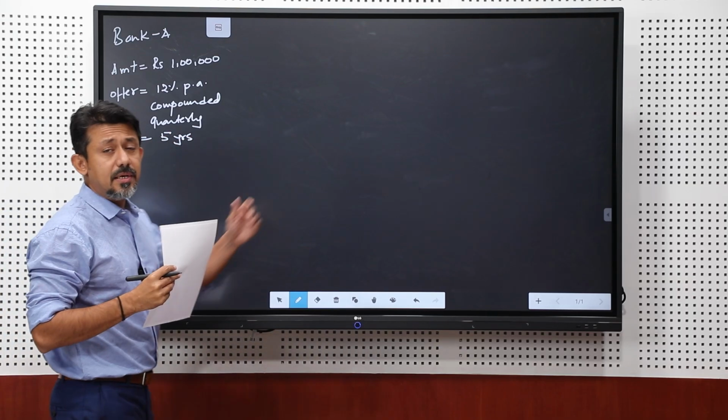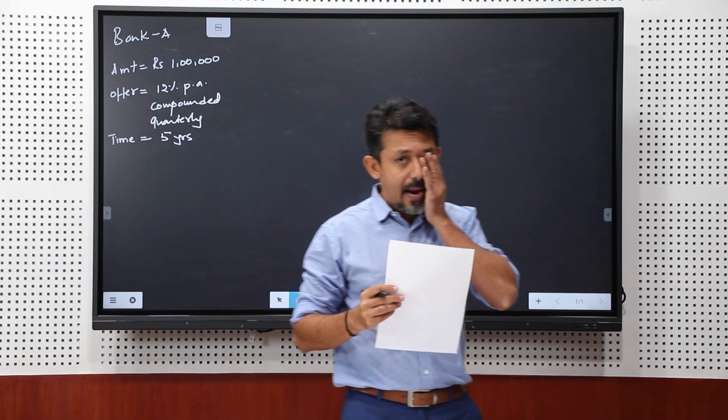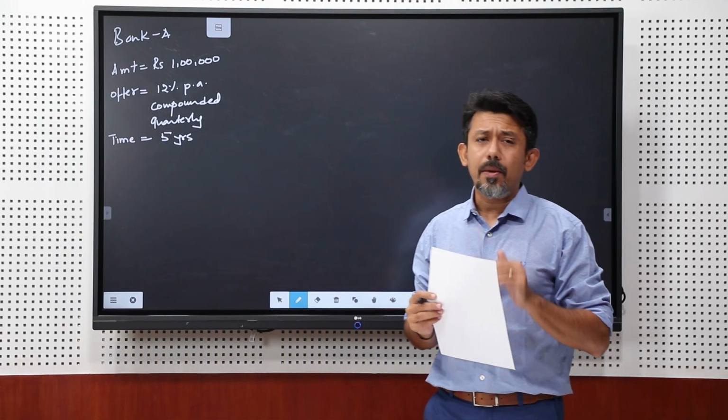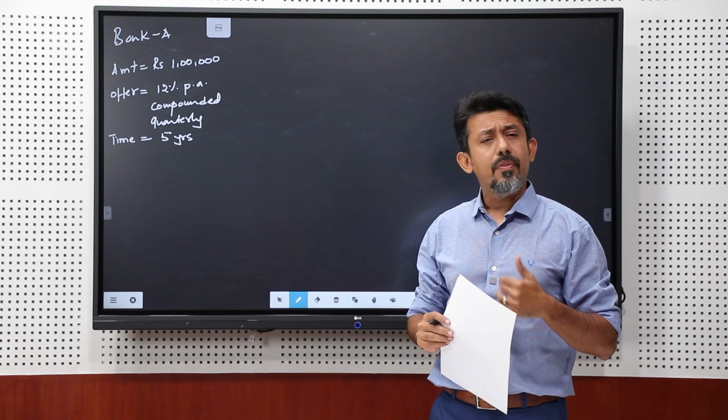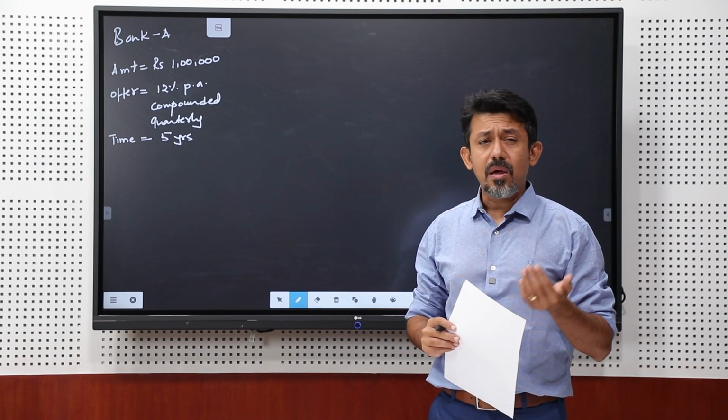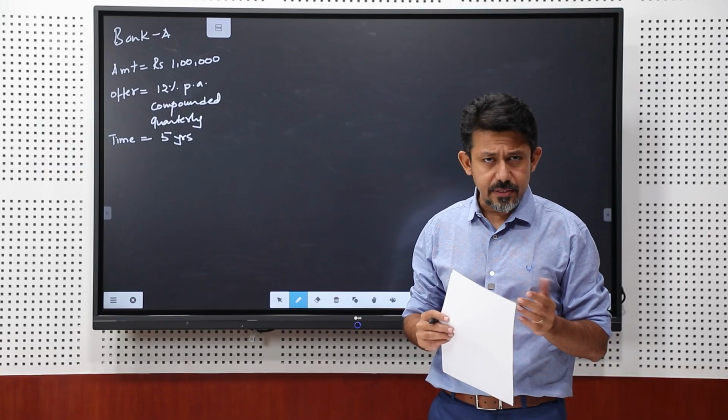So that's the deal from the first bank, that if you want to put up an FD for a 5-year period, the offer is 12% per annum compounded on a quarterly basis.